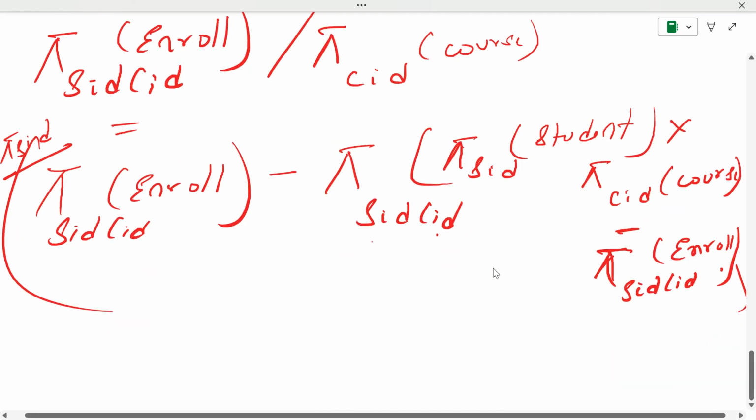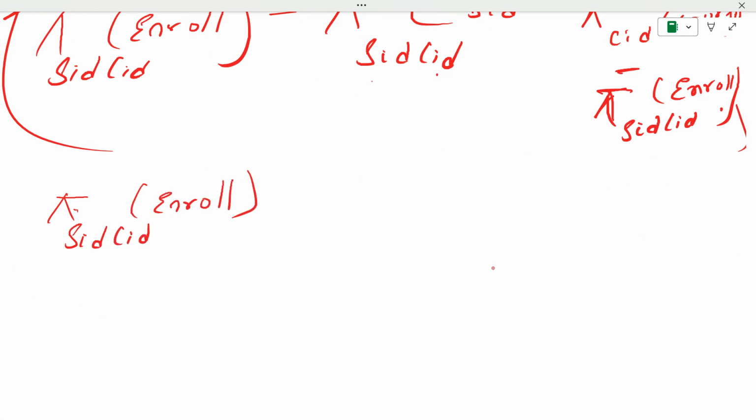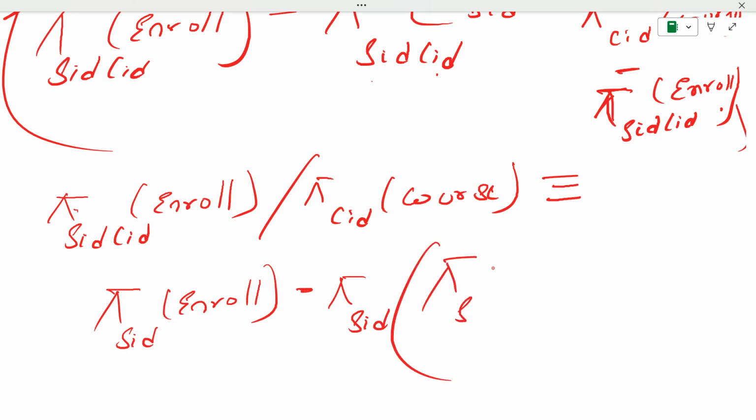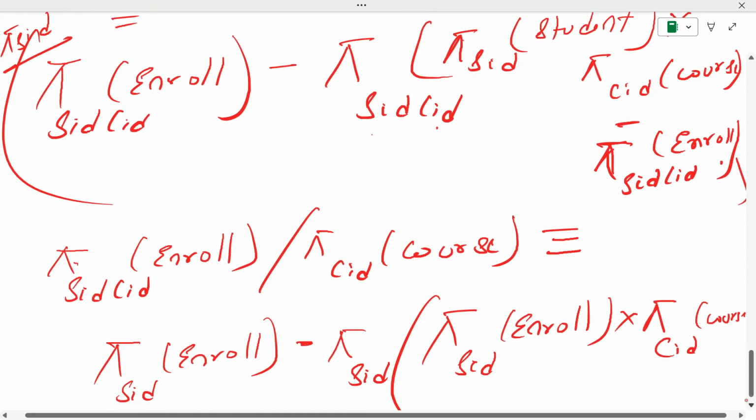In short, we can write it as projection of SID CID of enroll divided by projection of CID of course, and that is equivalent to: first we take the SID from enroll, and subtract from pi SID of enroll cross projection of CID from course, minus projection of SID CID from enroll.